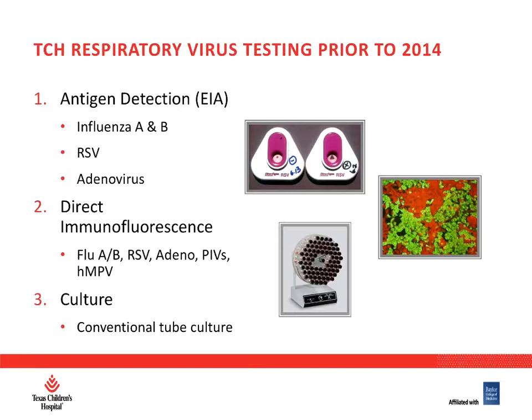We had validated it also for respiratory specimens. Also prior to 2014, we did DFA testing for flu, RSV, adeno, parainfluenza viruses, and metapneumovirus. And those were essentially batched once a day. So the turnaround time was typically about 24 hours.